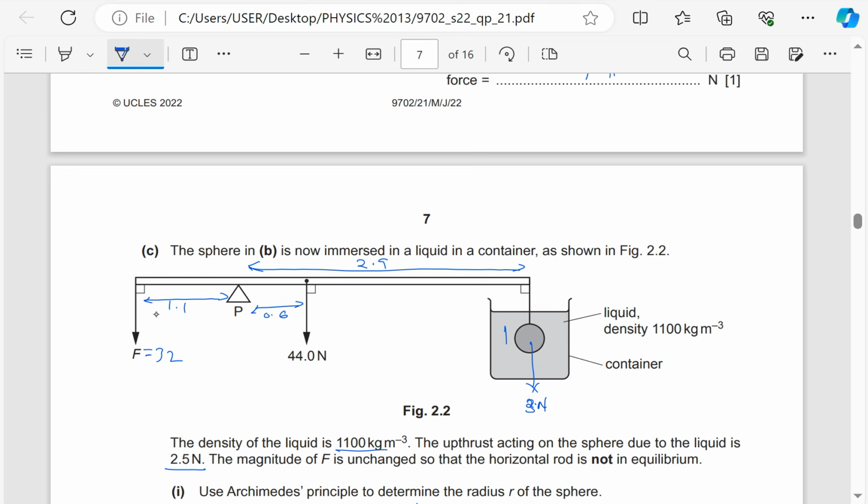There's tension, and there's upthrust here, which is 2.5 newtons. So the only force acting upwards here is the tension, and the tension is going to be 3 minus 2.5, which is 0.5 newtons. That is the tension in the rope.